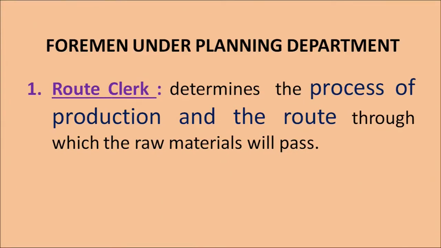Among the foremen under the planning department, the first is the route clerk. As the name suggests, he would be responsible for the process of production and identifying the route through which the raw material will pass. If there is a certain production procedure before the final product is manufactured, what would be the stages or processes through which the raw material passes from the first stage to the last stage.